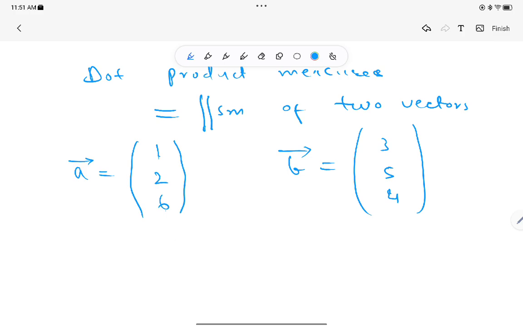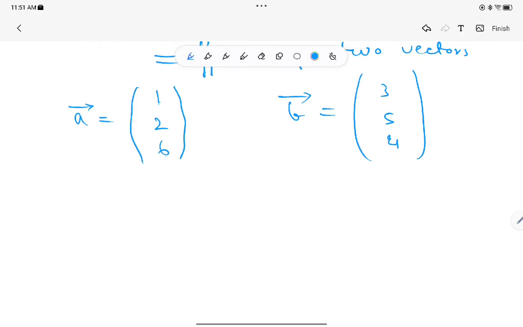As you know from your previous lecture, an arrangement of numbers along one dimension is called a vector. So these are two vectors. Vectors are represented as column vectors.